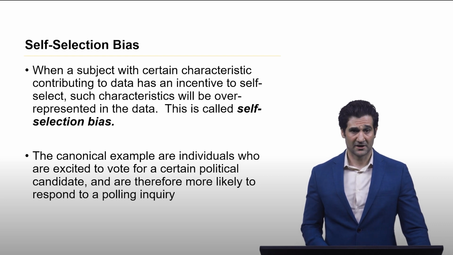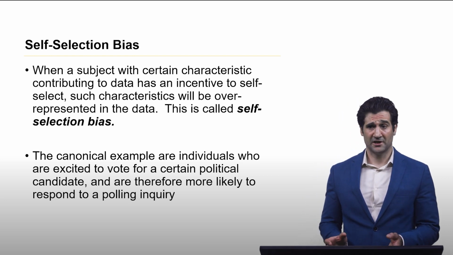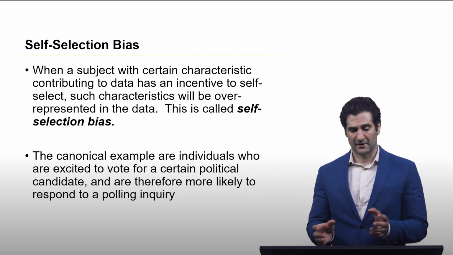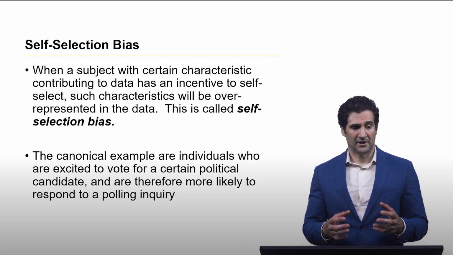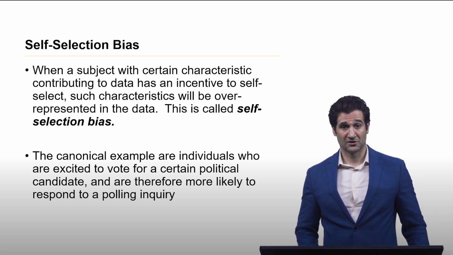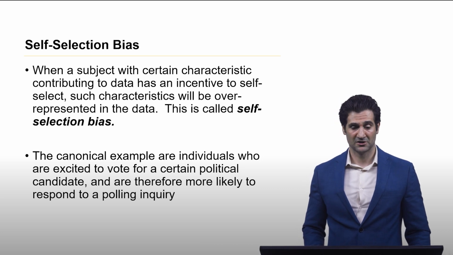The canonical example is people really excited about a given political candidate coming out to vote or respond to a survey, but they might not be representative of the voter population as a whole, and so your political survey would then be skewed.